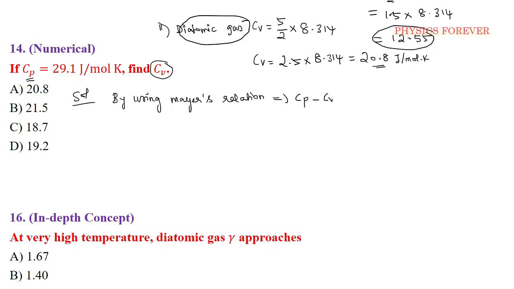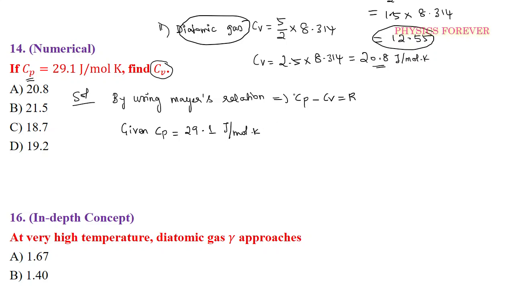Cp minus Cv is equal to R. Here Cp is the specific heat capacity at constant pressure, Cv is the specific heat capacity at constant volume, and R is the gas constant. Here the specific heat capacity at constant pressure is given, Cp is equal to 29.1 joule per mole Kelvin.